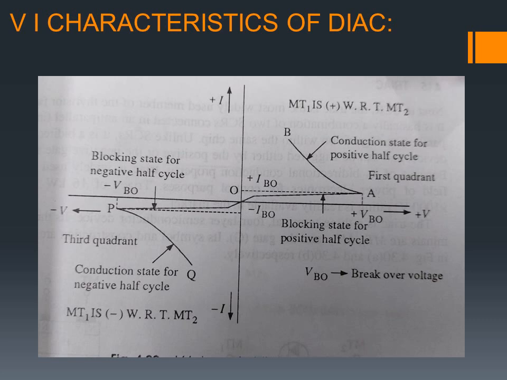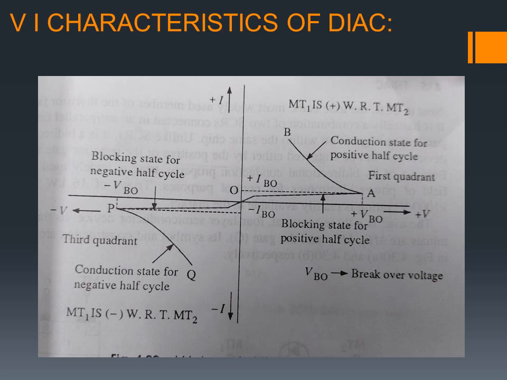At point A, when the voltage level reaches the breakover voltage, the diac will start conducting. During its conduction period, the diac exhibits the negative resistance characteristics. What is the meaning of this? The current flowing in the diac will start increasing and the voltage across it will start decreasing.